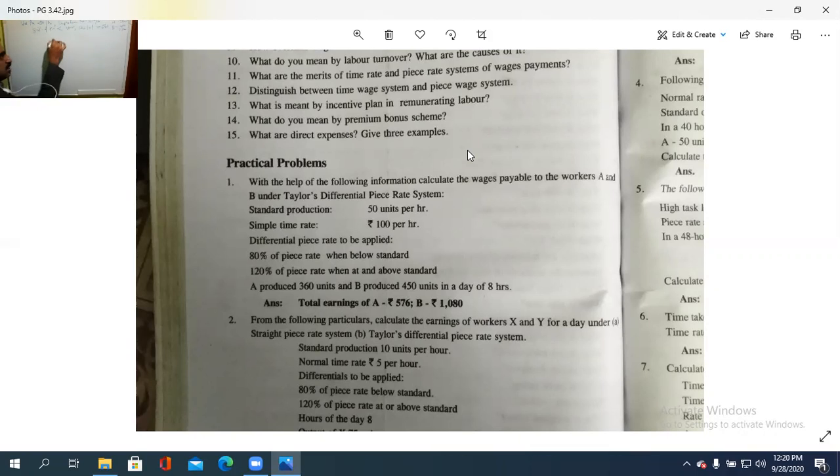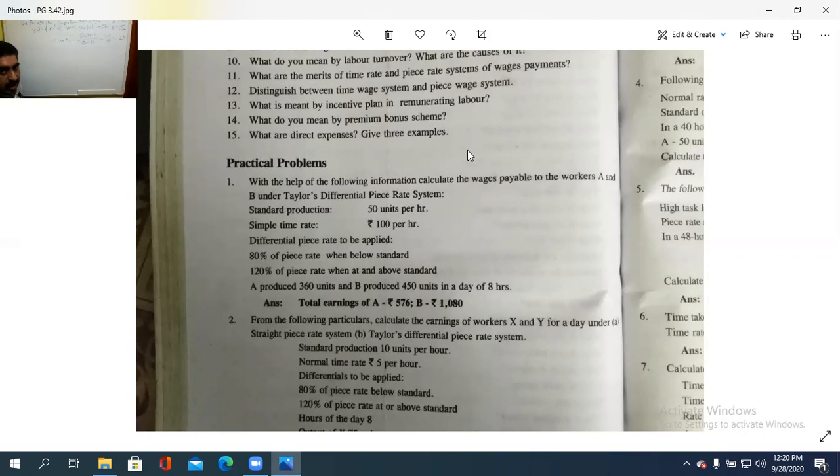Therefore, the piece rate is equal to, what is that? Standard simple time rate divided by standard production. So 100 divided by 50 is equal to how much? 2 per unit, isn't it?